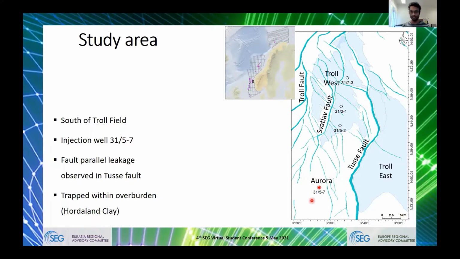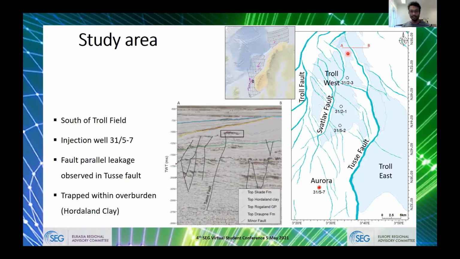Aurora is located here, and you can see well 31/5-7. This well was recently drilled, and this could be a future CO2 injector. However, north of the Tusse fault, somewhere here, we found a gas chimney effect. This is the Tusse fault, and this is the section from A to B. You see the Troll gas is located somewhere here, and we found this high amplitude within the overburden.